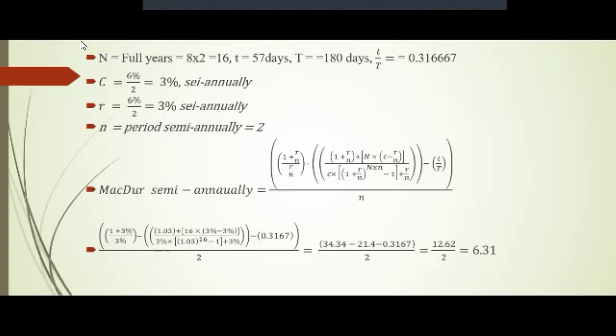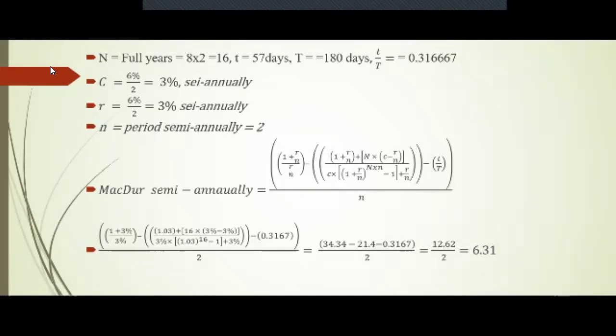The coupon we got here is 3% semi-annually, and r or interest is 3% semi-annually. The number of periods per year is 2 because it's semi-annual. If they said quarterly, it would be 4.